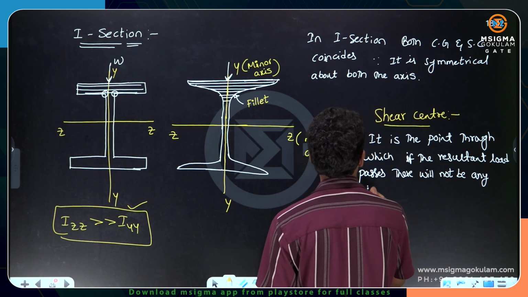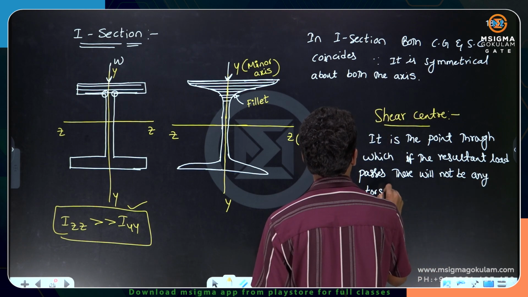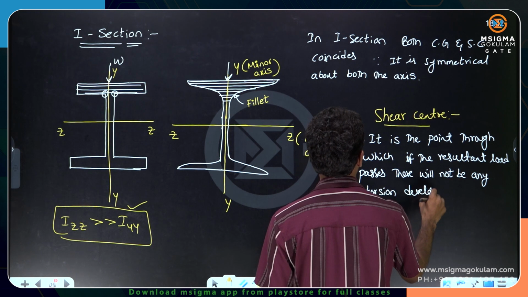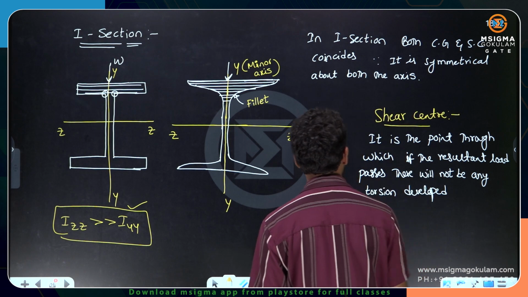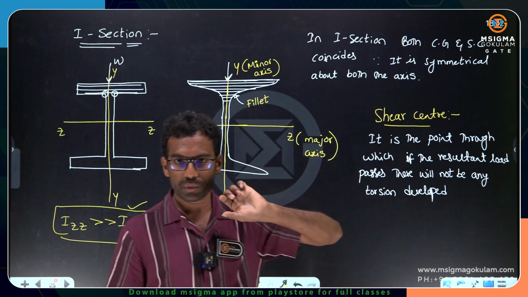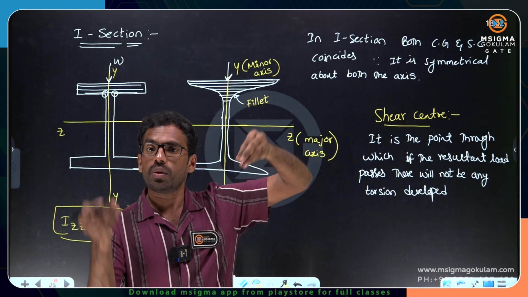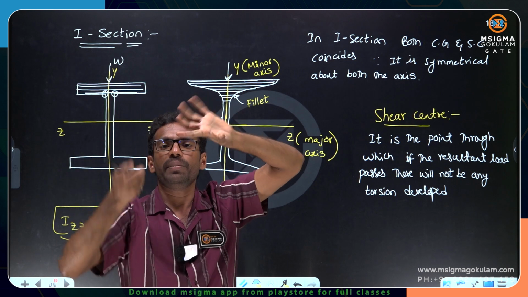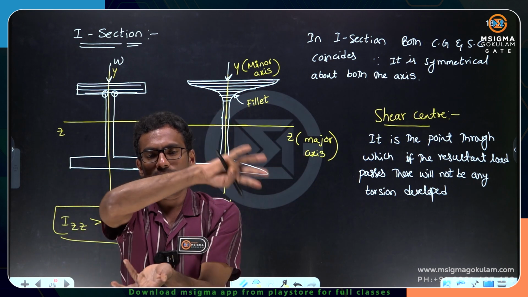There will not be any torsion developed in the section. So please understand, shear center is a point, you identify a point through which the total resultant load which is acting on the section passes, then there will not be any torsion. Torsion effect will not happen.